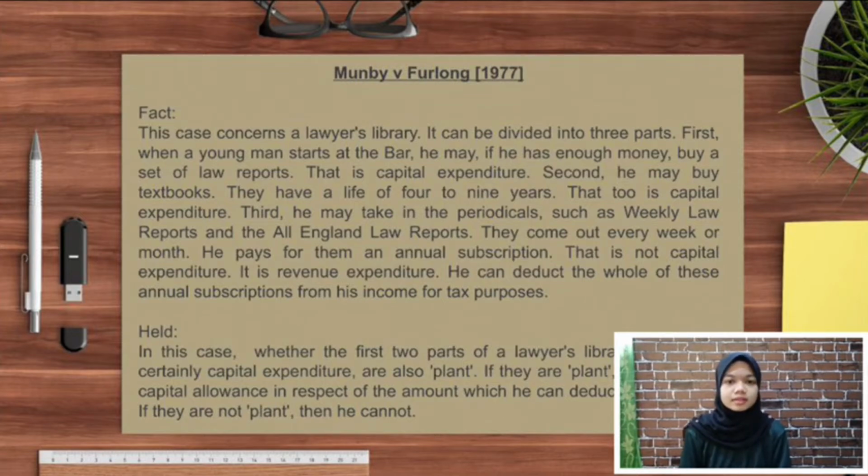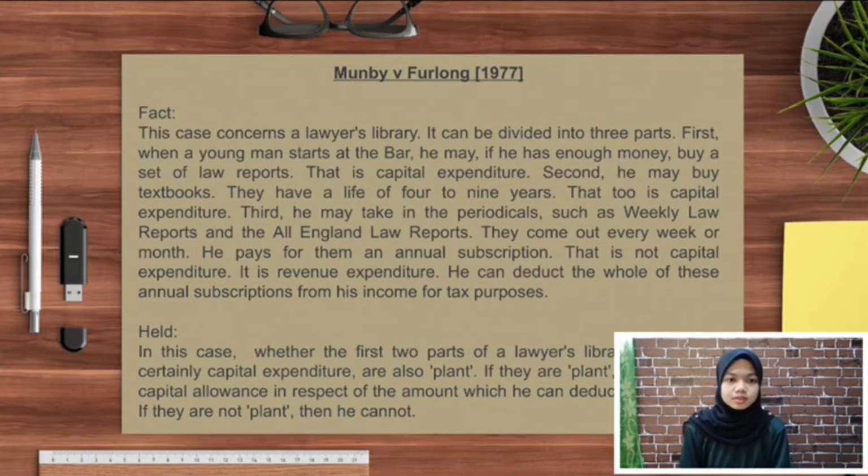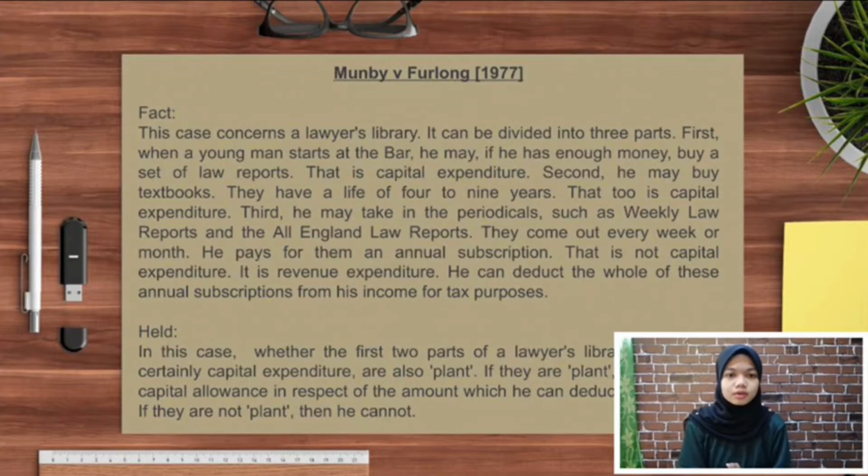But the third is he may take in periodicals such as the Weekly Law Reports and the All England Law Reports, but he needs to pay for them an annual subscription, so that is not a capital expenditure, it is revenue expenditure. So he can deduct the whole of this annual subscription from his income for tax purposes.